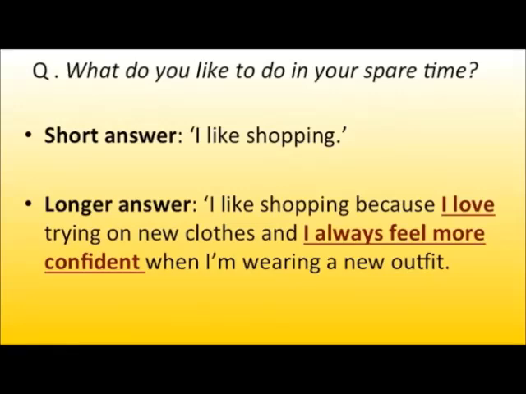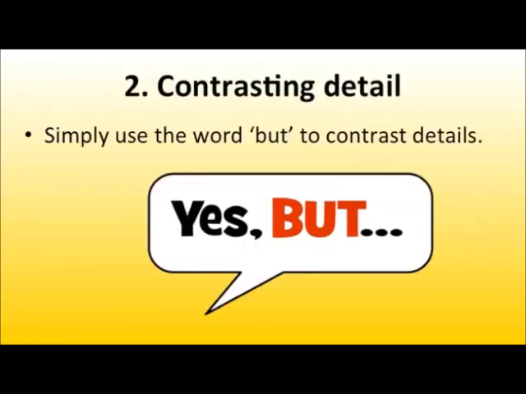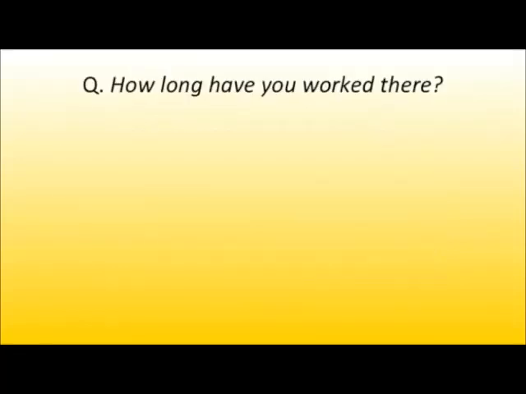Now let's look at the next way. The second trick is to add a contrasting detail, and you can do this by simply using the word but to contrast details. Let's look at an example. How long have you worked here?